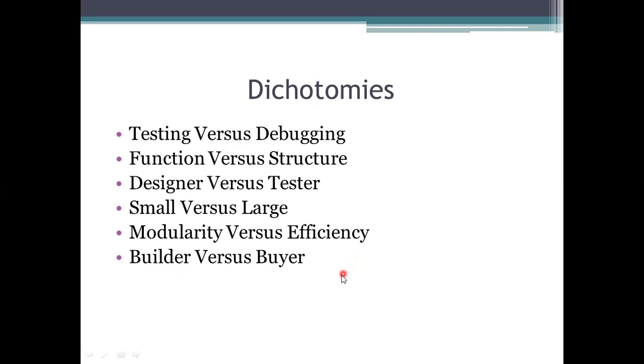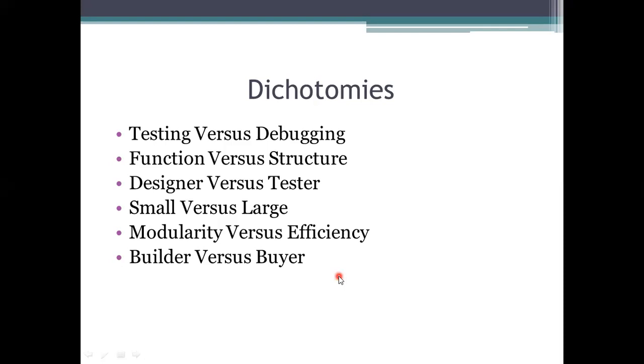Accountability means whether the work is appreciated or not. If the builder and the buyer are the same, there could be no such accountability, because you are designing your own products. Then there is no process of finding whether this person has performed good work or not.